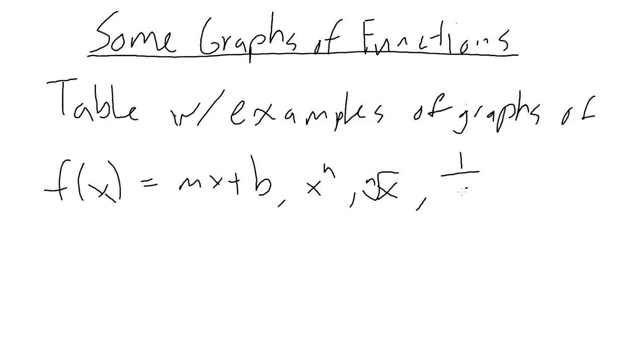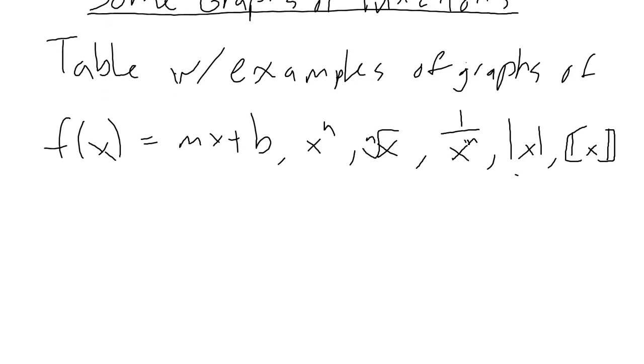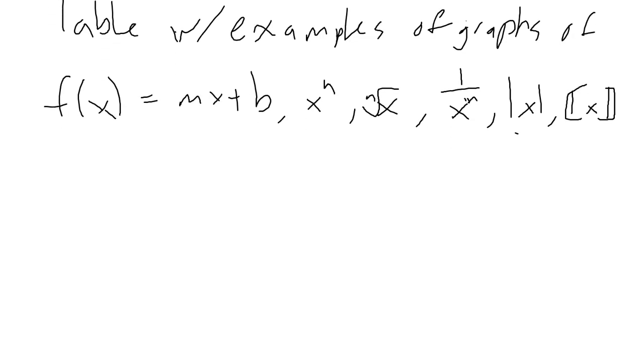It has examples of the reciprocal of the power function, which is very important, like absolute value equation, and also the ceiling function. It's nice to have that table that's in the book handy so that you can just kind of take a shortcut and be able to know what the graph generally looks like, and then work from there.